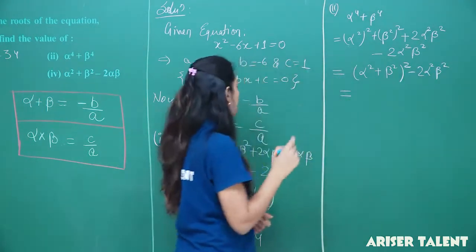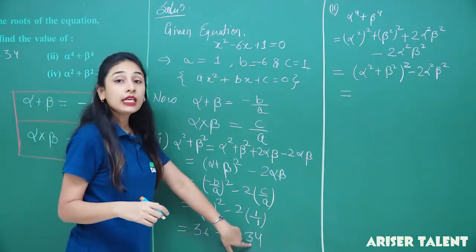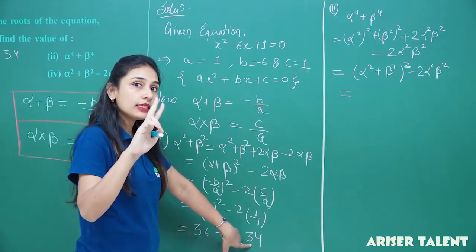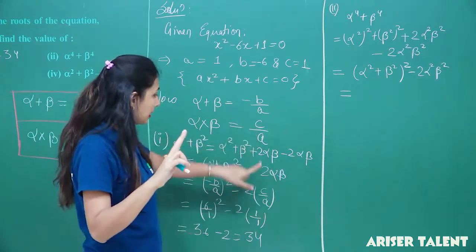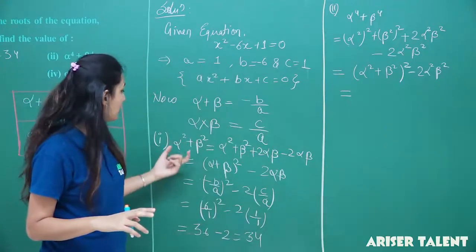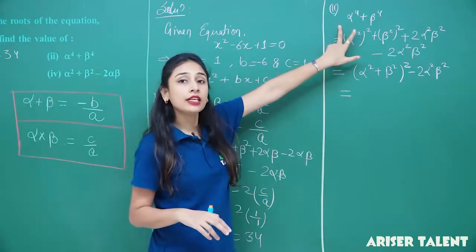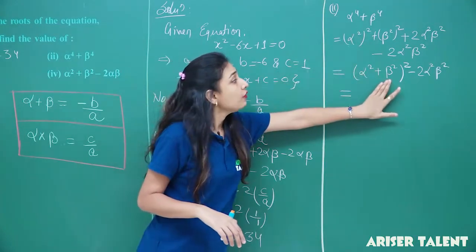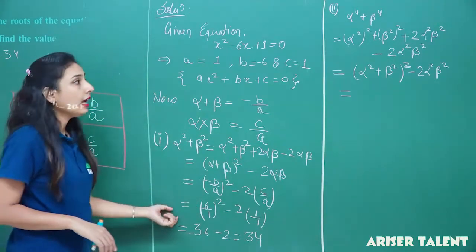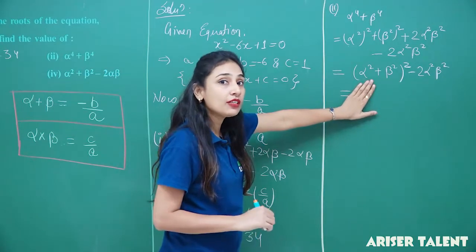Now, students, we calculated the value of alpha square plus beta square here, which equals 34. So, I can do two things, either I derive it again so that you can do it again. If you are not given this first question and you are asked this second question directly, then you have to do all these steps again and then solve it. So, I am just directly putting the value of alpha square plus beta square.